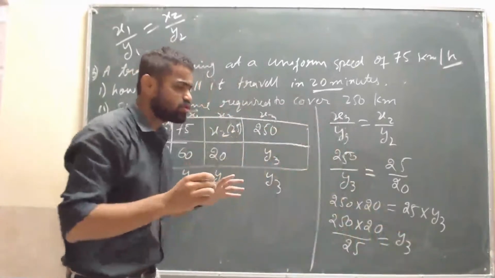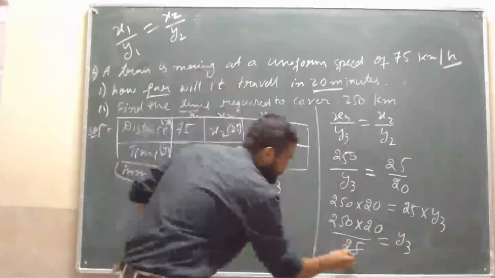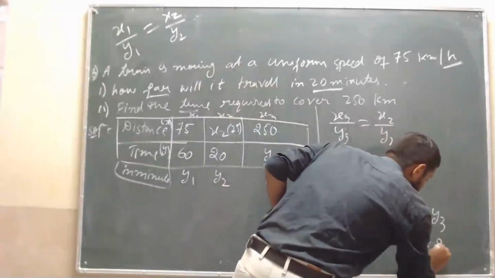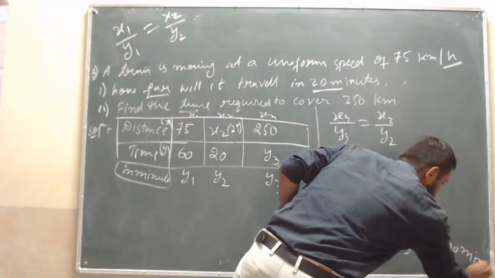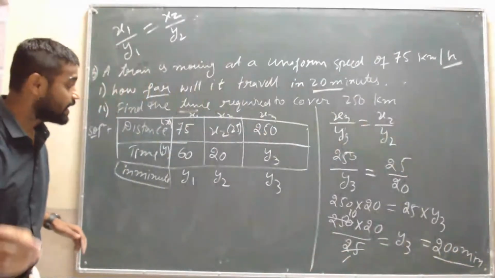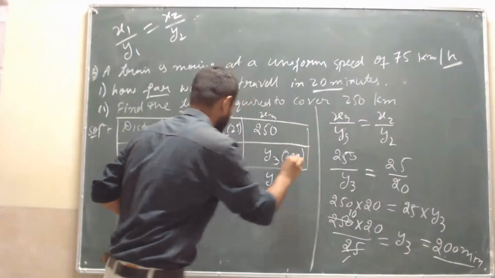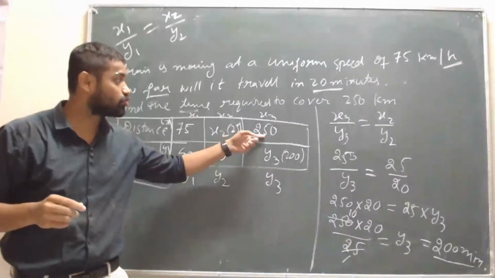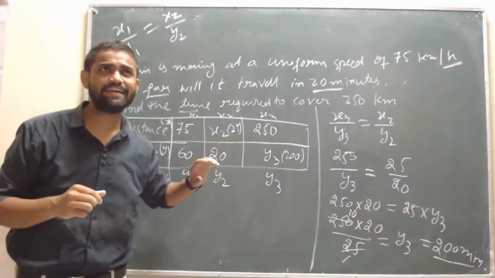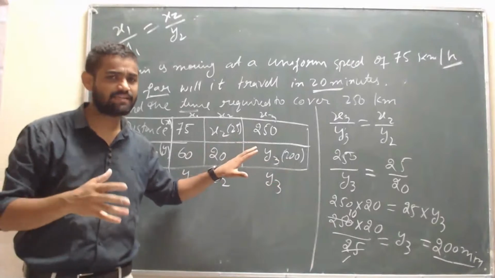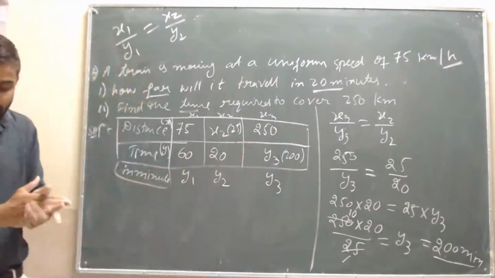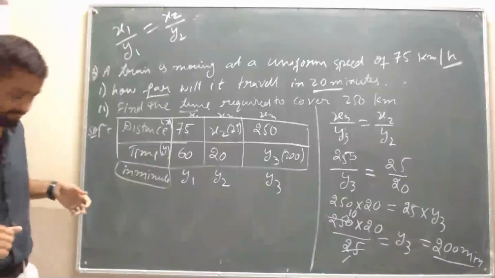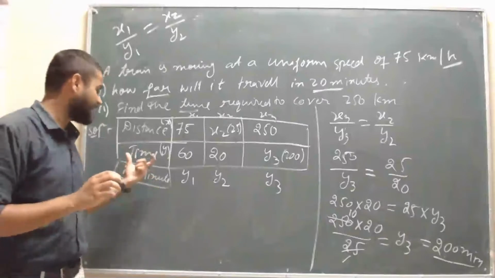Now 25 times 10 is 250, and 10 into 20 is 200 minutes. 200 minutes, students. It takes 200 minutes to cover 250 kilometers. 200 minutes means 3 hours and 20 minutes. And here we have to write the time in minutes.